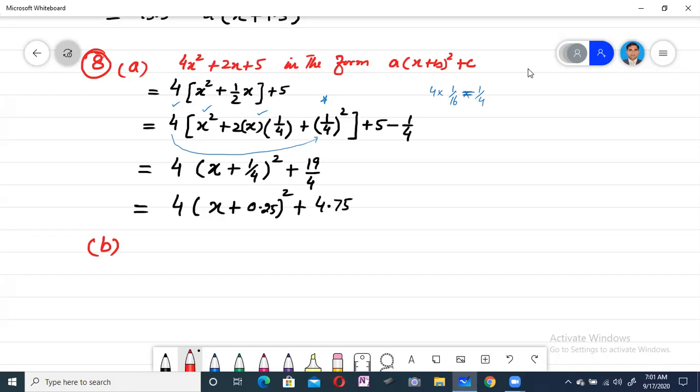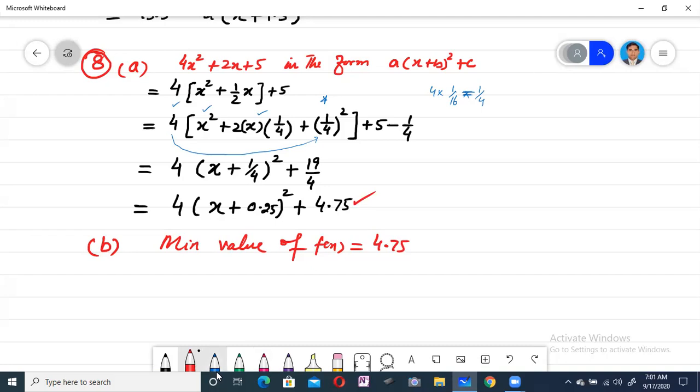As this function is having minimum value 4.75, minimum value of the function is equal to 4.75. This is the minimum value.